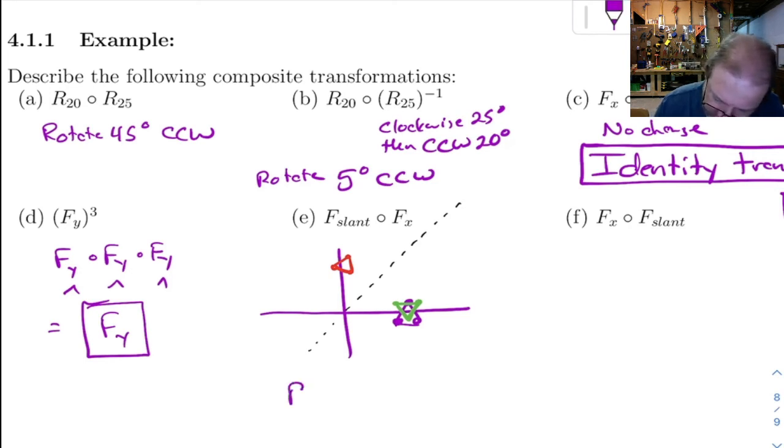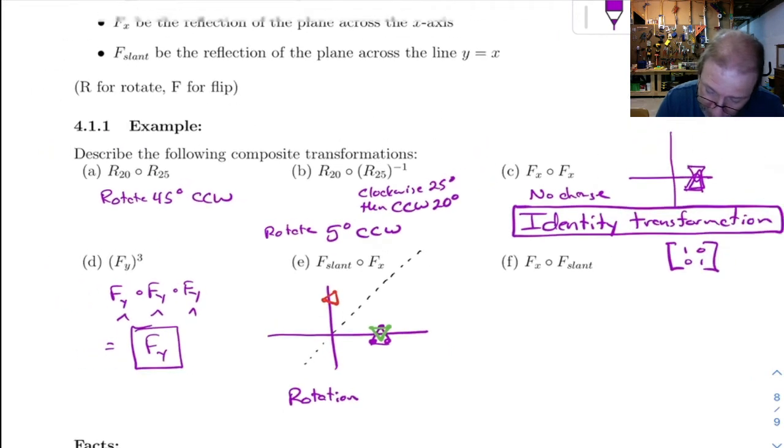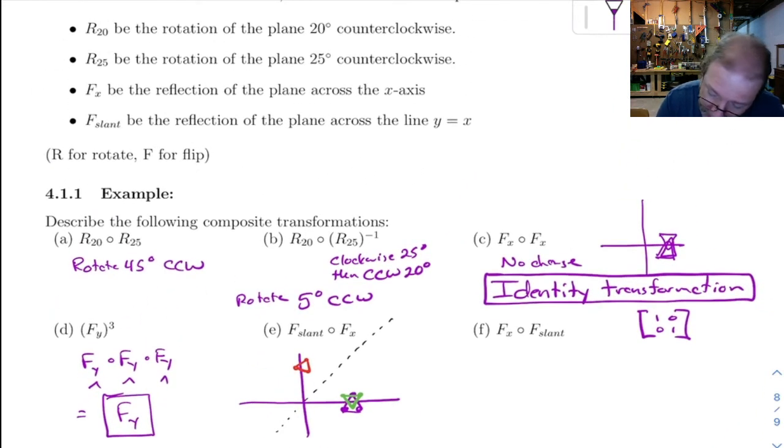I'm not really giving you a good explanation of that right now, but just trust me, it's a rotation. Anytime you take two reflections and do one after the other, the result is a rotation. You might say, what about this up here, where we had no change? Well, that's the same as rotating at 0 degrees.